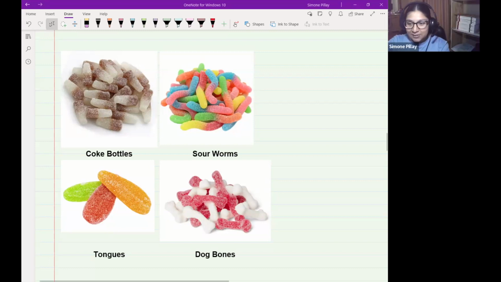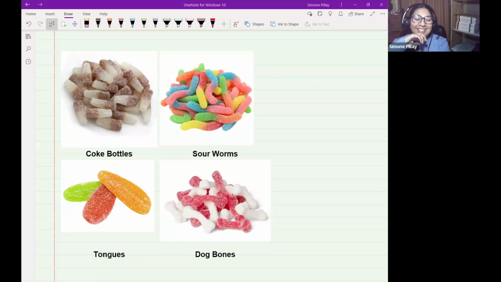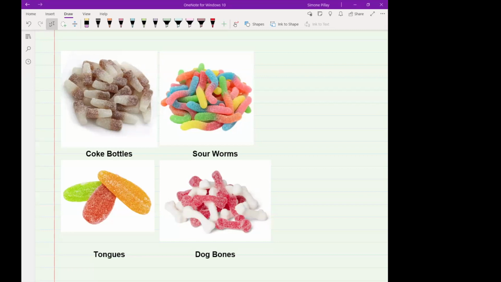Rory-san, let's see, what is your opinion? Ma'am, I'll take all of them out, but only leave the tongues because I grew up with those sweets.